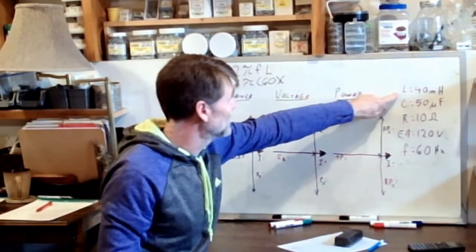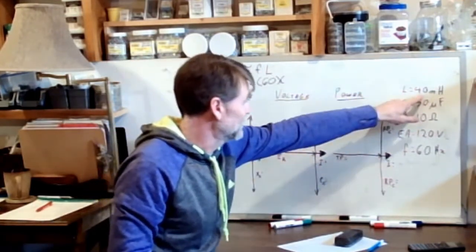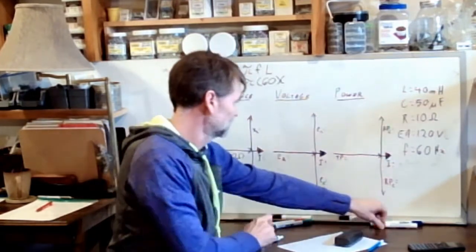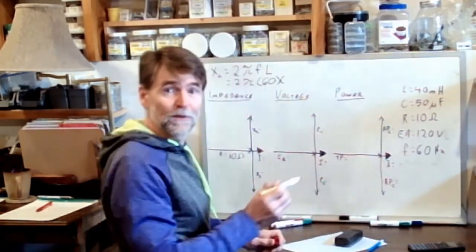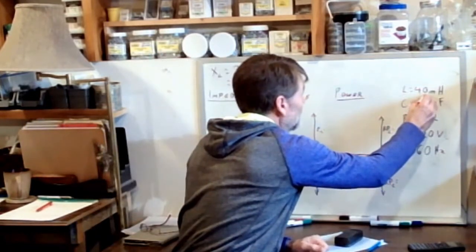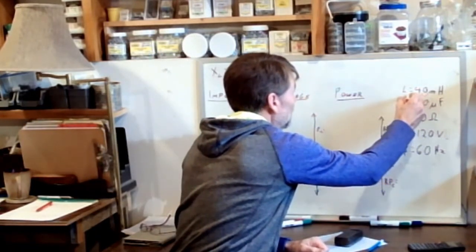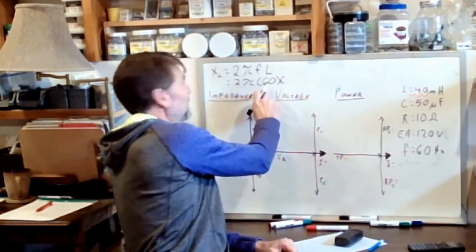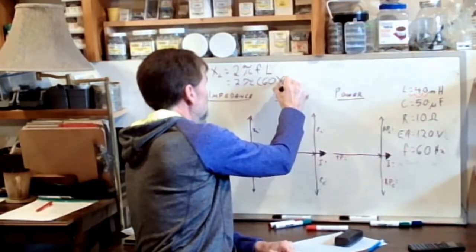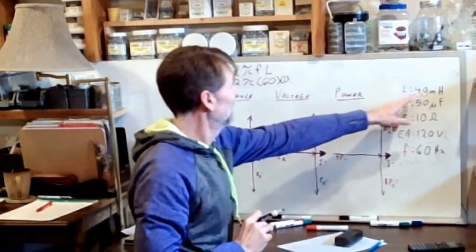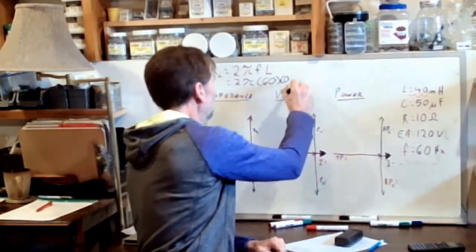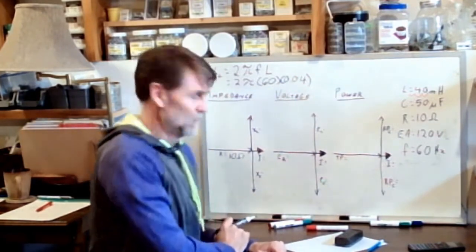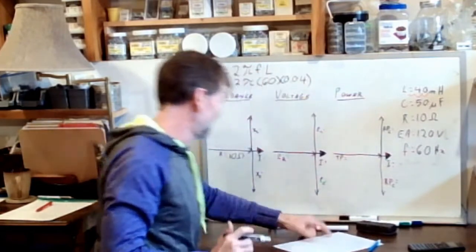We've been told the size of L in millihenries. So to translate from millihenries to henries, I must move the decimal place 3 times to the left. 1, 2, 3. So our actual number that has to go in the equation is 0.04. So there's our value. And I've already calculated that ahead of time.